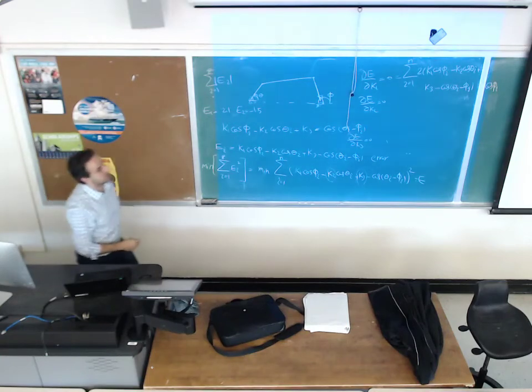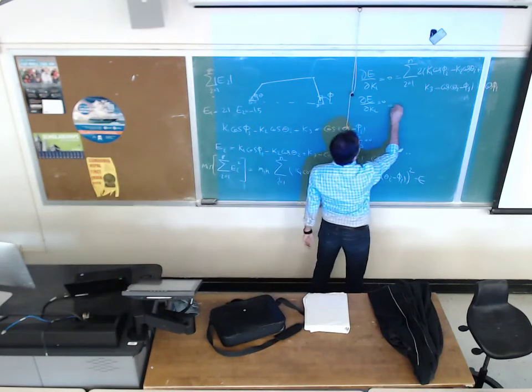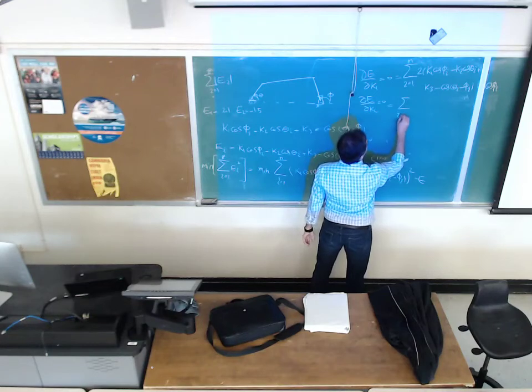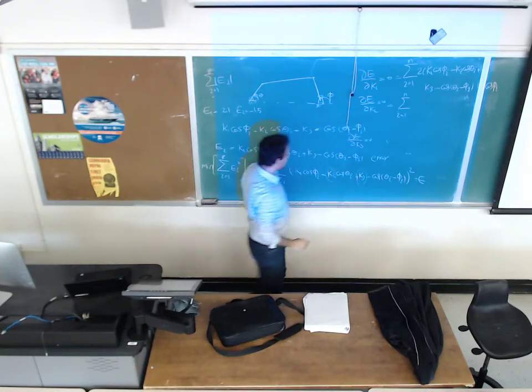The second equation is going to be the sum with I going from 1 to n.